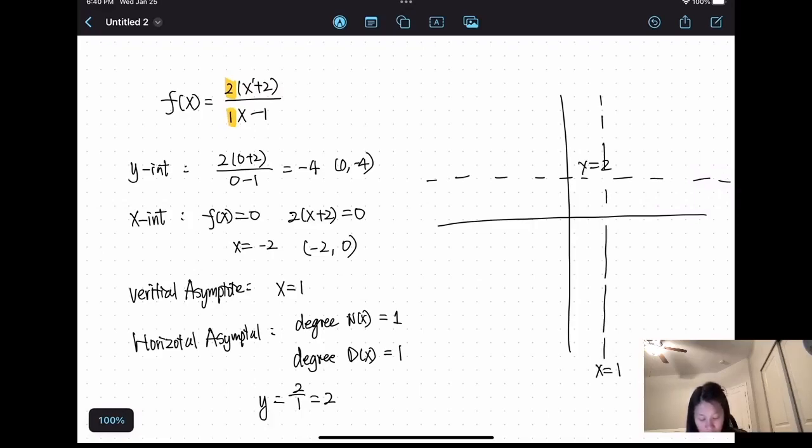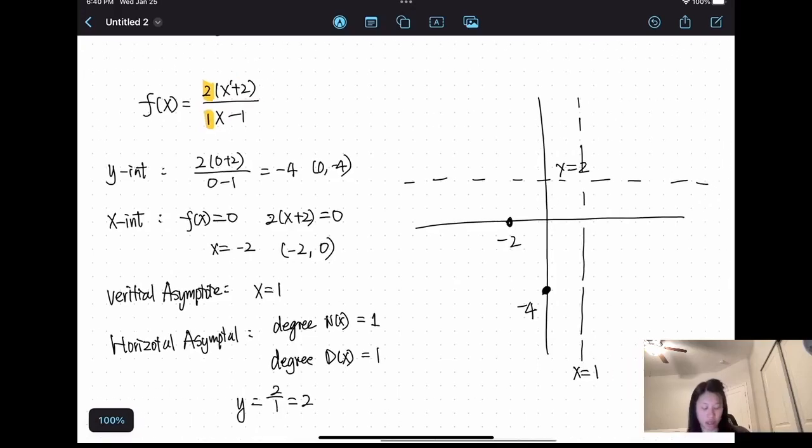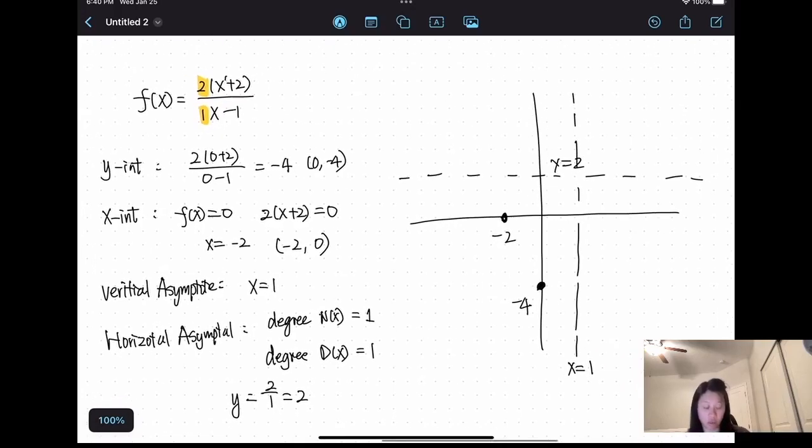We also have y-intercept negative 4 and x-intercept negative 2. So where do you think the graph starts? The graph has to start in the third quadrant, right? So the graph is going to look like this one, because when they approach the asymptote, they're going to approach infinity.